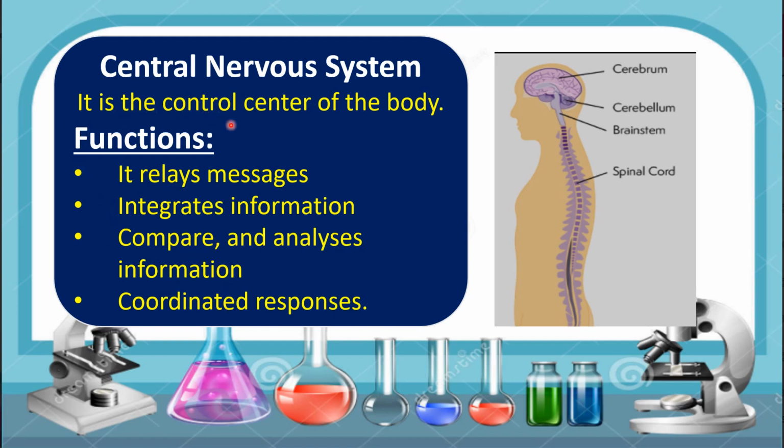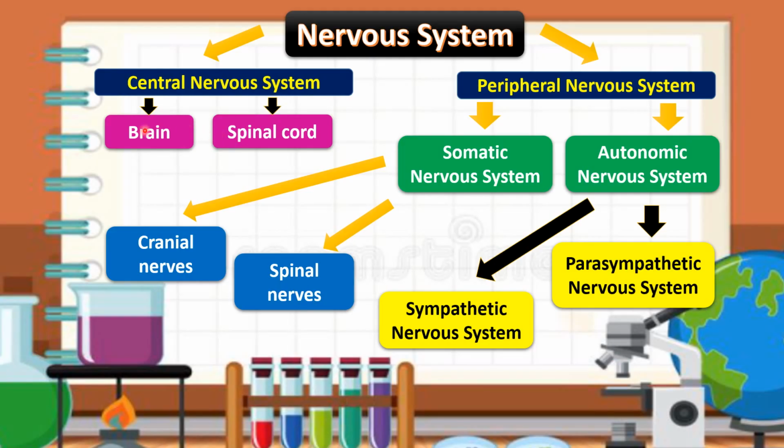It is the control center of the body. We are just going to focus our topic on the central nervous system, particularly our brain and spinal cord. The next slide is a short video clip on how our brain and spinal cord work.